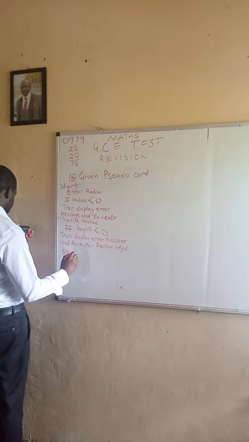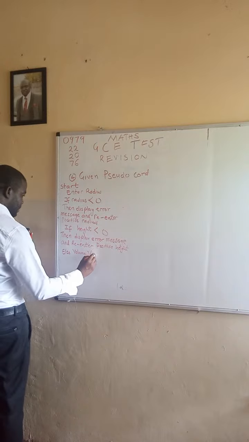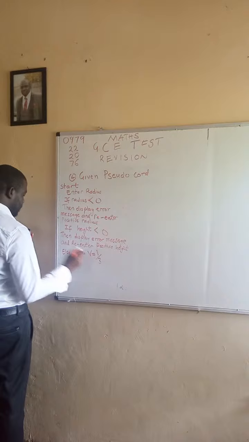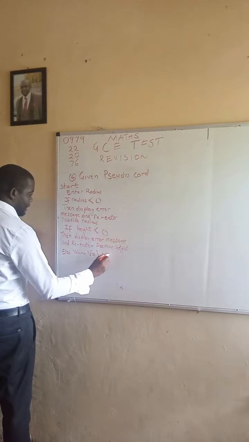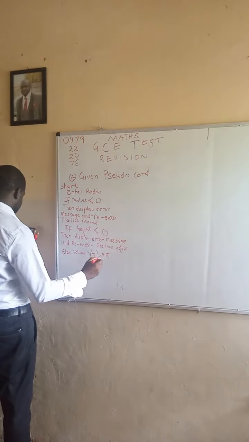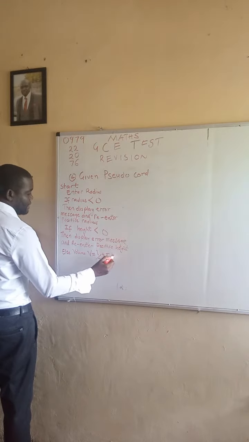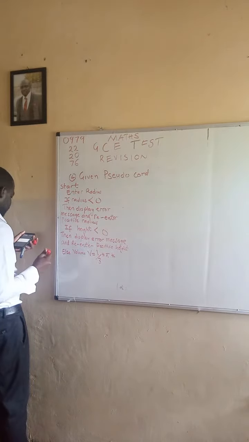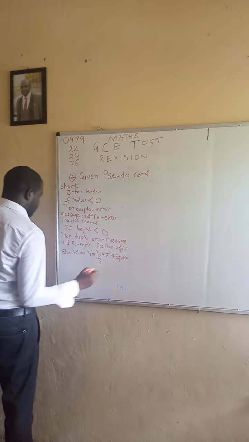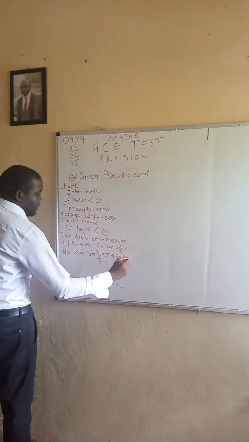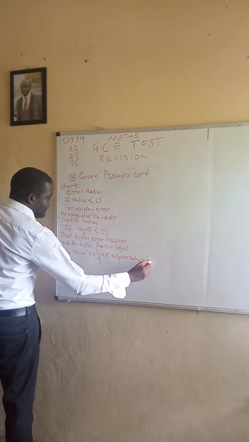Else, volume V is equal to 1/3 times pi, this 1/3 star pi star square radius star height.